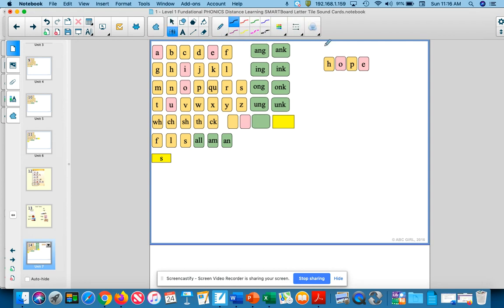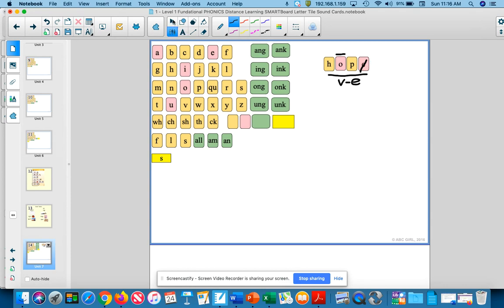I'm just going to review yesterday's marking. We cross out the E, put a long vowel sound over the O because it's saying its name, underline the word, and put vowel consonant E. That's how you mark a word that has the long vowel sound with the magic E.